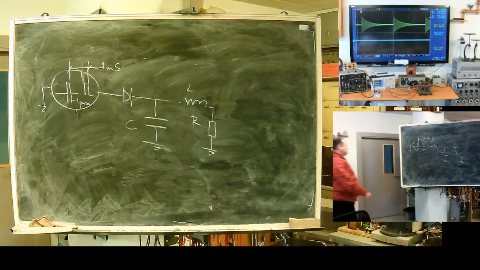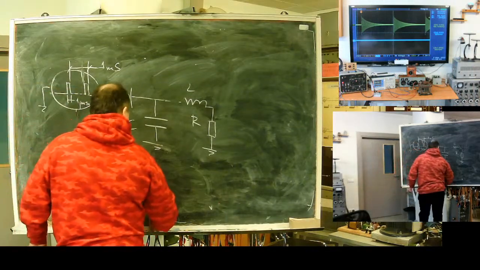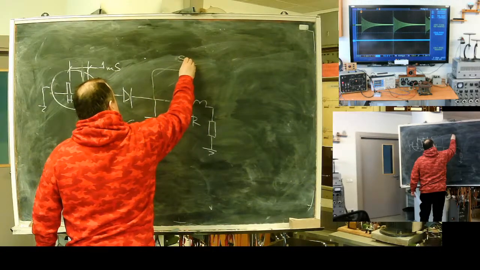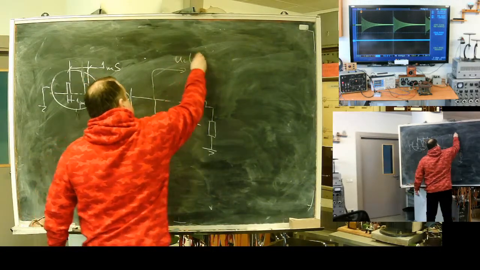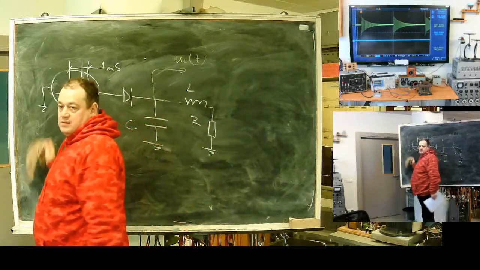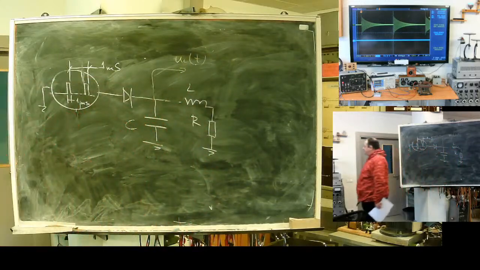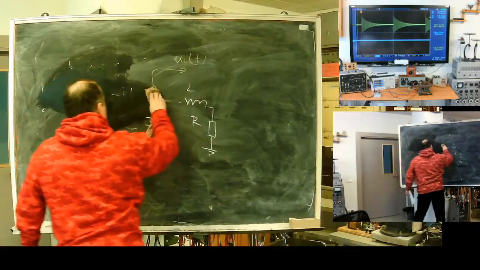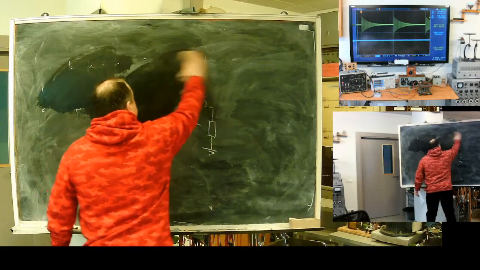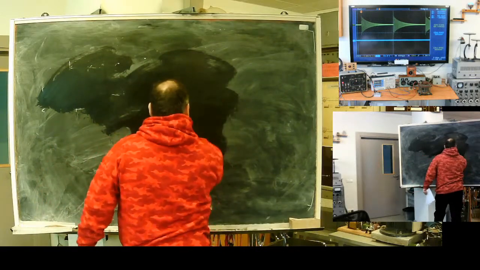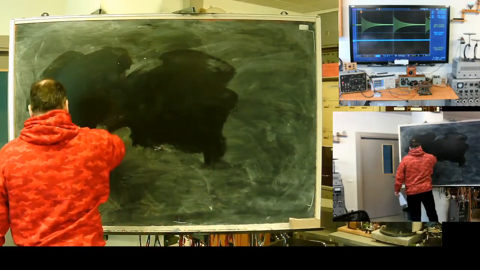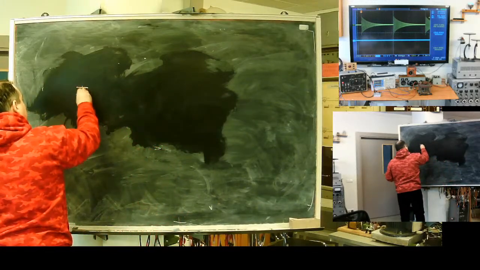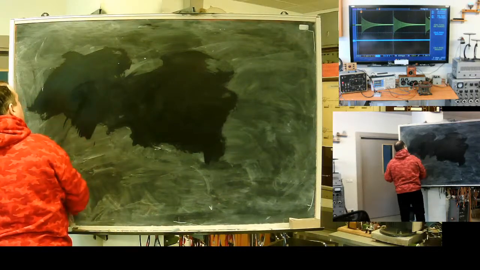At this moment we see this, let's say, as a yellow line. I may repeat my formula. I don't need the current.